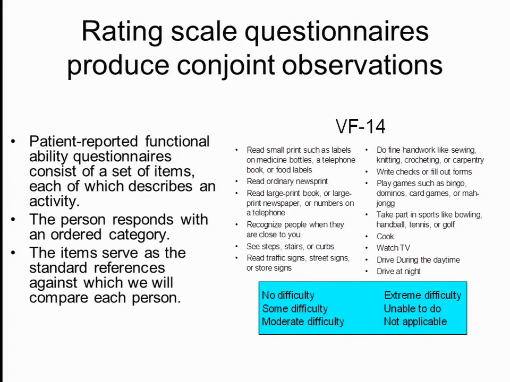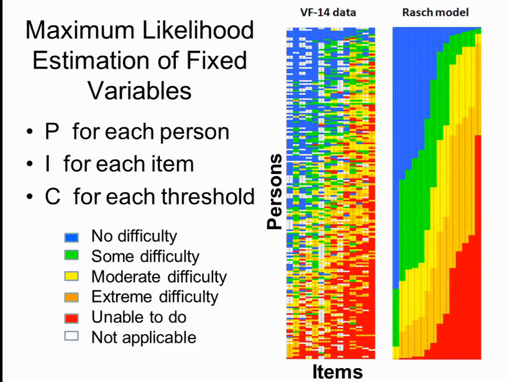Okay, so let's go back to our VF14. Just to remind you of the real world, the task that we're actually performing is asking the patient to rate the difficulty of performing each of these activities. These are some actual data from the VF14, taken from an Excel file. Look at the colored matrix on the left side first.